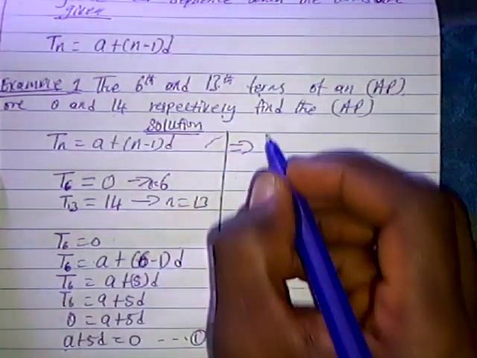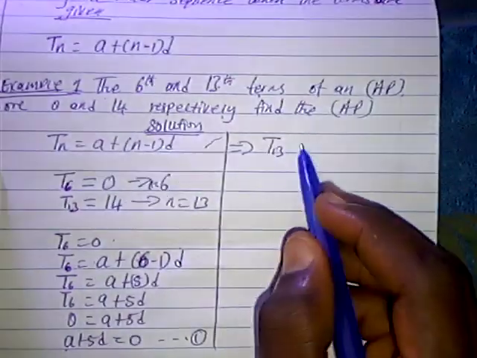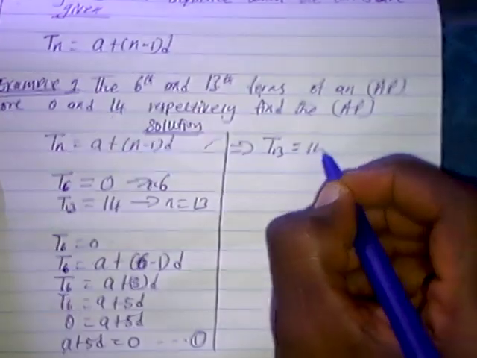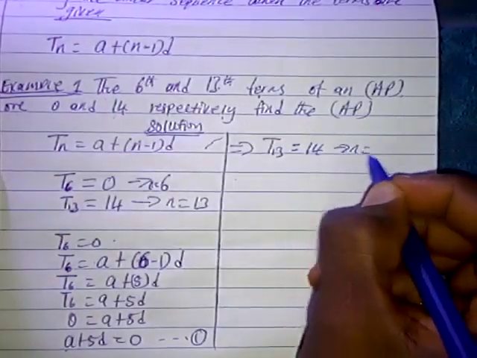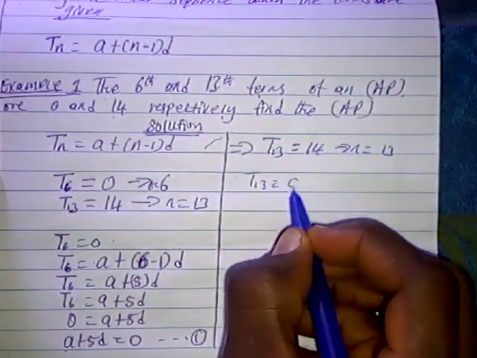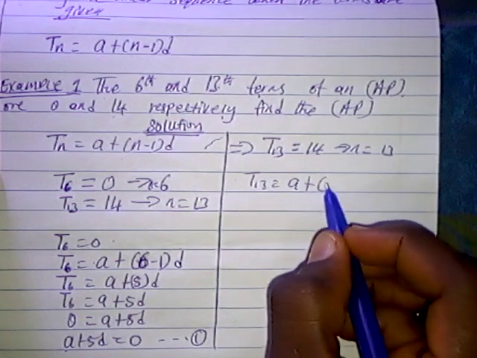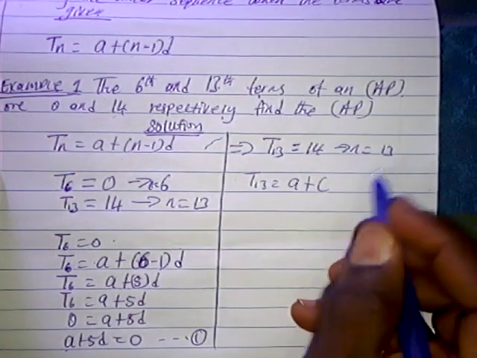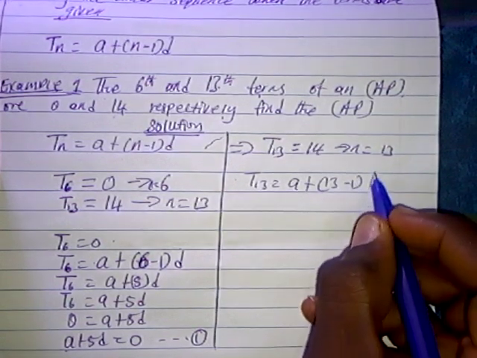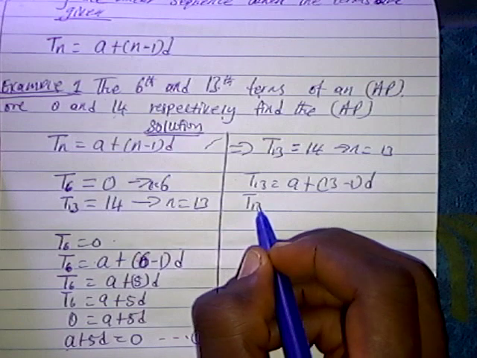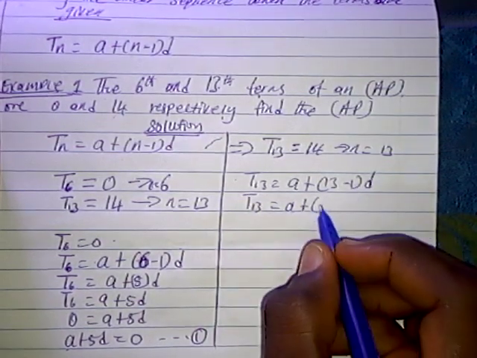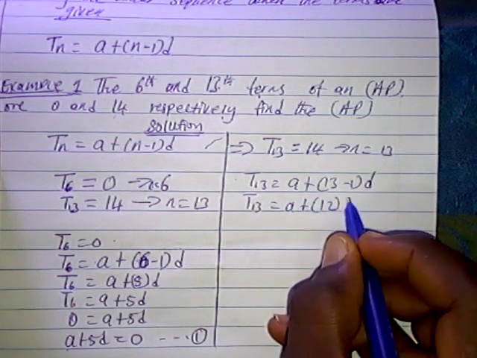We proceed. T13 should be equal to 14, from the question. And the term is the same, 13. So T13 is equal to A plus (n minus 1) times D, where n is 13: 13 minus 1 times D. We don't know what D is.